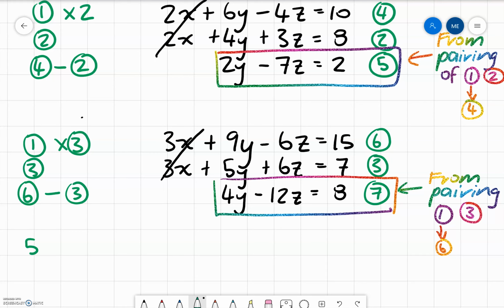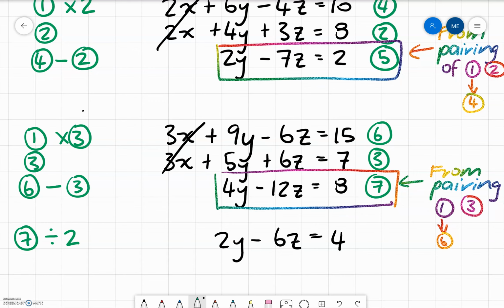Actually, we'll start with equation 7 and we'll divide it by 2 so that we get our correct y value. So that is 2y minus 6z equals 4.